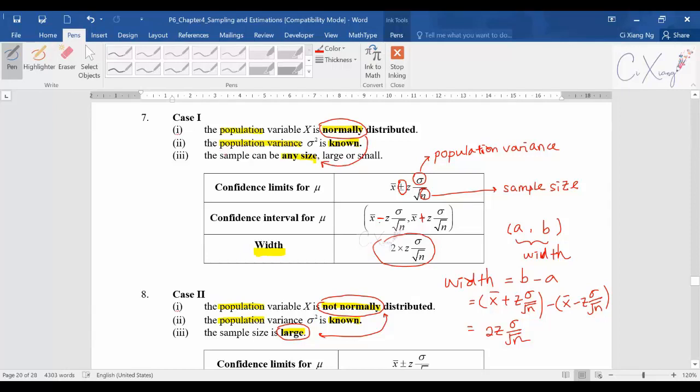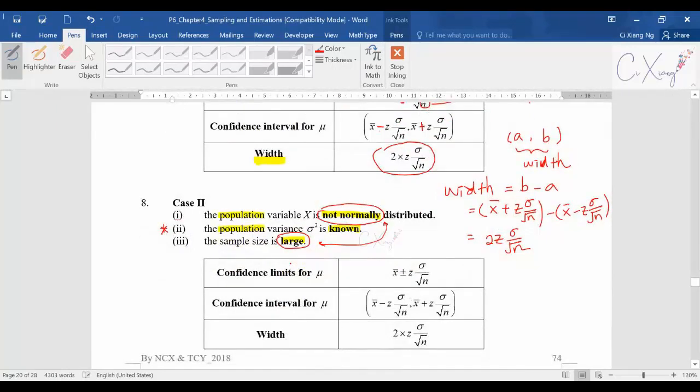Both of them have one same condition, which is you must make sure that you know the population variance. If you look at it, the formula and everything is still the same as case number 1, just that the rules and regulations are slightly different.